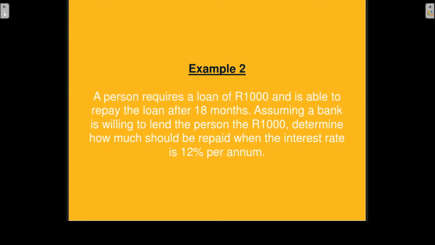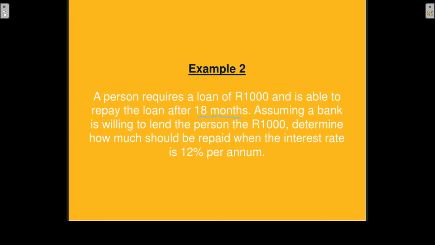So this example looks very much the same as example 1. The only difference here is that my time period is now 18 months and no longer 2 years. It is important to see here that our interest rate, which is per annum, and our time period must have the same units.